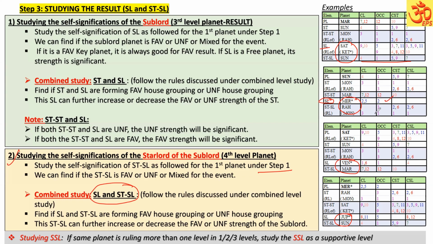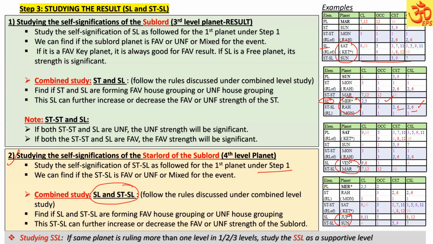Mercury is favorable, and Rahu, the star lord of Mercury, is a mixed planet. So the favorable strength is supported to some extent, but unfavorable houses are also present, though not detrimental. Still, it is reducing the strength of that Mercury. Suppose instead of Rahu it had favorable houses, Mercury would become stronger because it would get the support through its star lord planet.